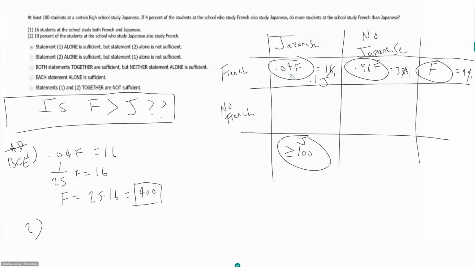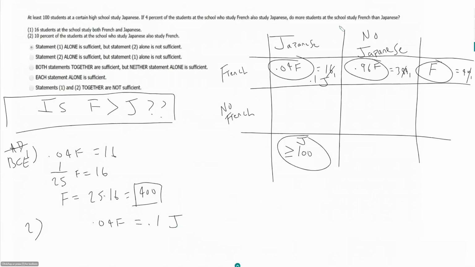Because this 0.04F came from my prompt, I know 0.04F is equal to 0.1J. So 4% of my French students is equal to 10% of my Japanese students.